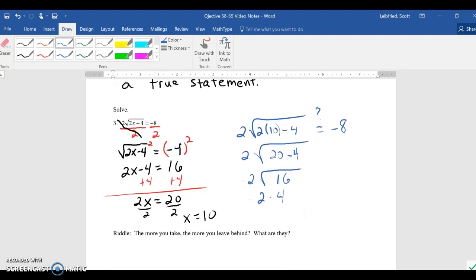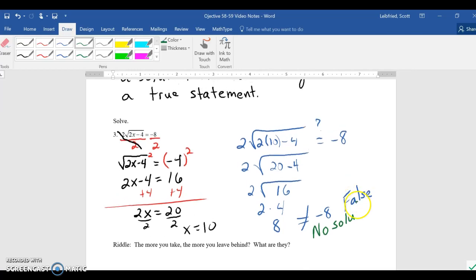So we get 2 times 4 is 8. 8 is not equal to negative 8. So this is false. This is an example of an extraneous solution. x equals 10 was what we got, but we know that x equals 10 is false when we plugged it in. So technically, this problem has no solution. That's what it means to be an extraneous solution. It did not yield a true statement.